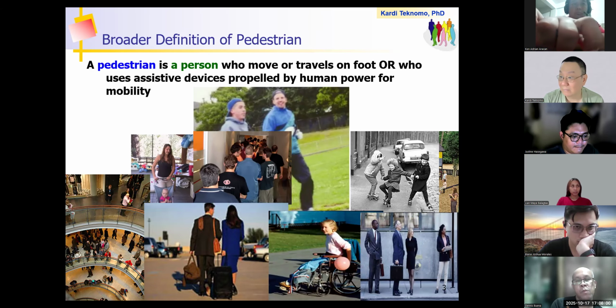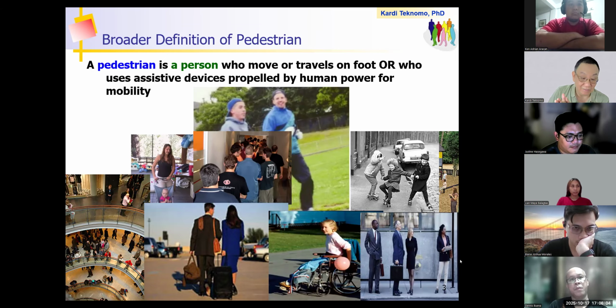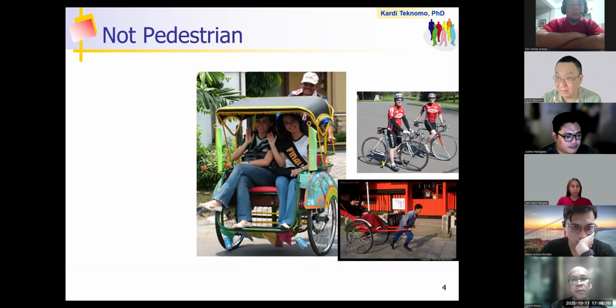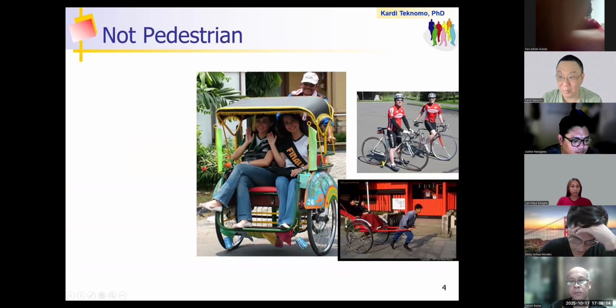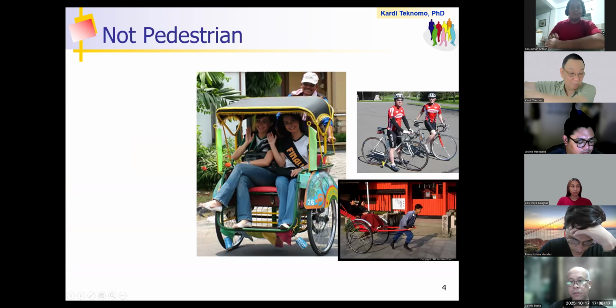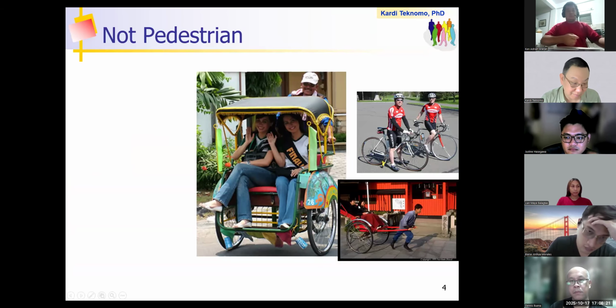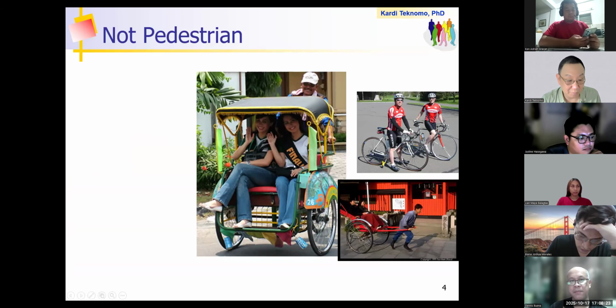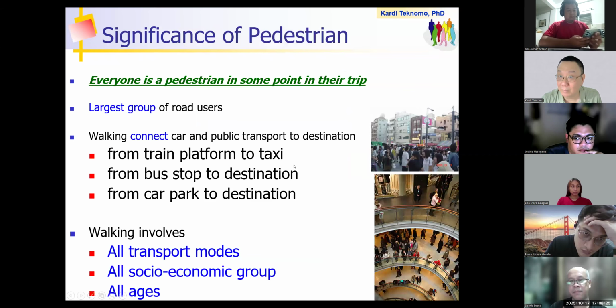And including people who wait for the bus. So these are also pedestrians. But this is not a pedestrian: if you use a bike or you use a rickshaw, the rickshaw driver is a pedestrian, but the becak is not a pedestrian, really.